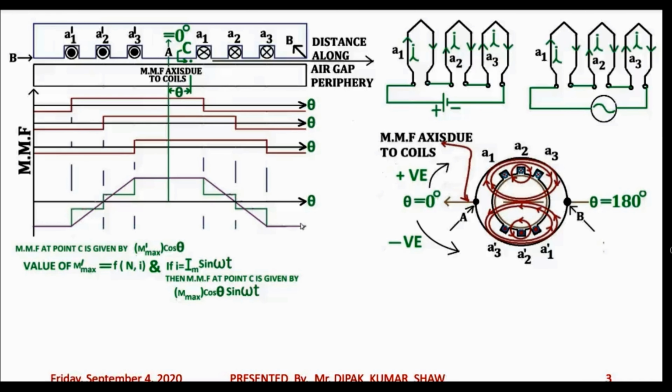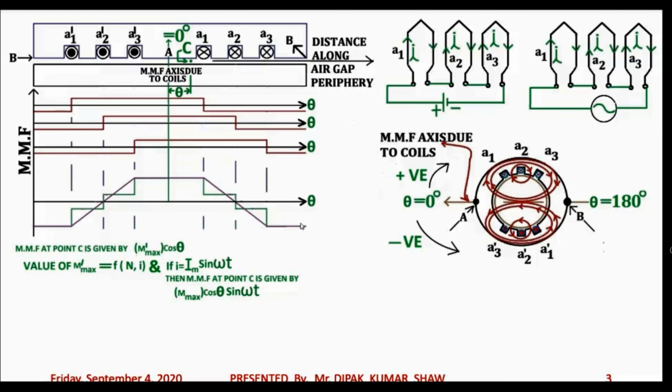It will be represented as a summation of a large number of sinusoidal waveforms. That means the same trapezoidal MMF waveform effect will be obtained if you superpose a large number of sine waves.